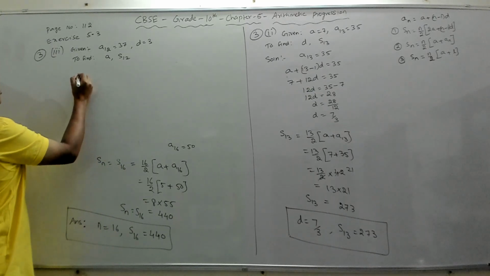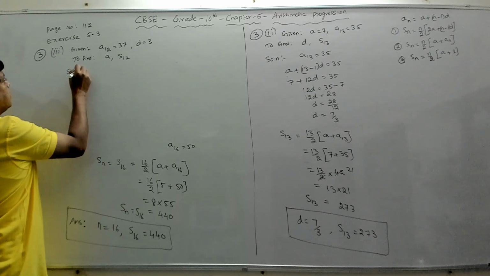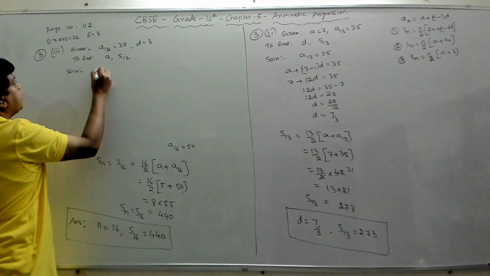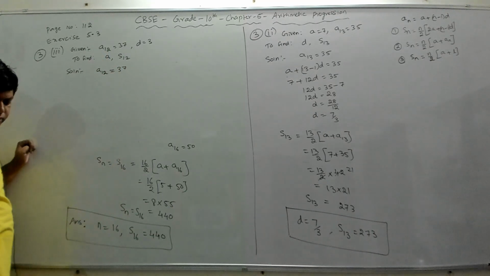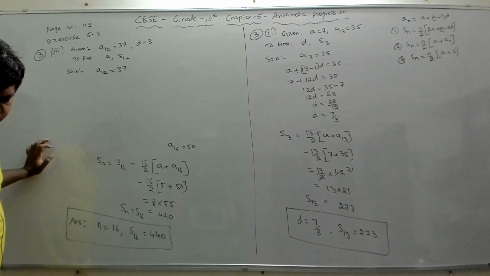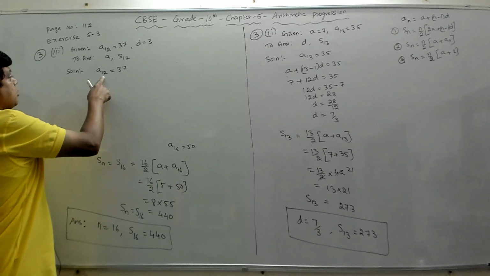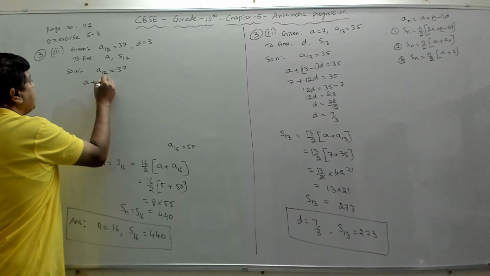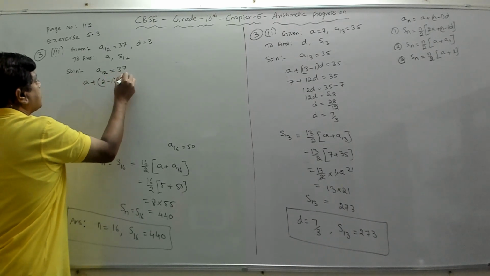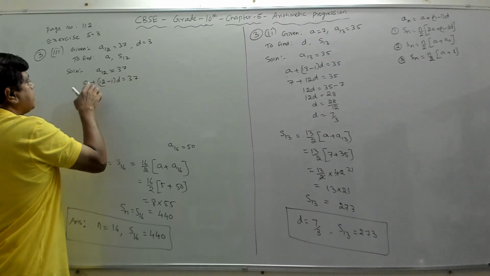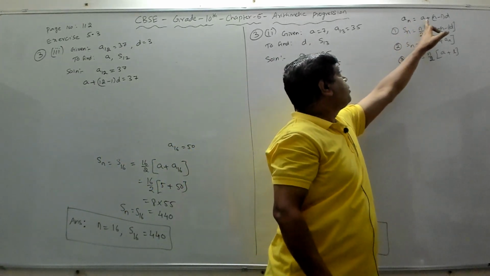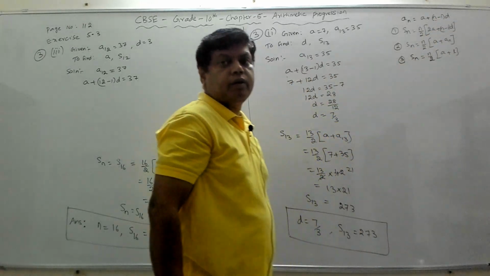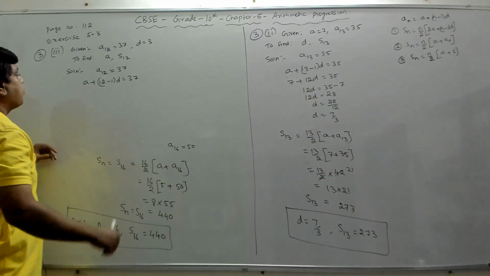Solution. Again, A12 is 37, that is one of the given conditions. Now A12 is A plus 12 minus 1 into D, that is equal to 37. Again, we are substituting N equal to 12 in the nth term formula of an AP.